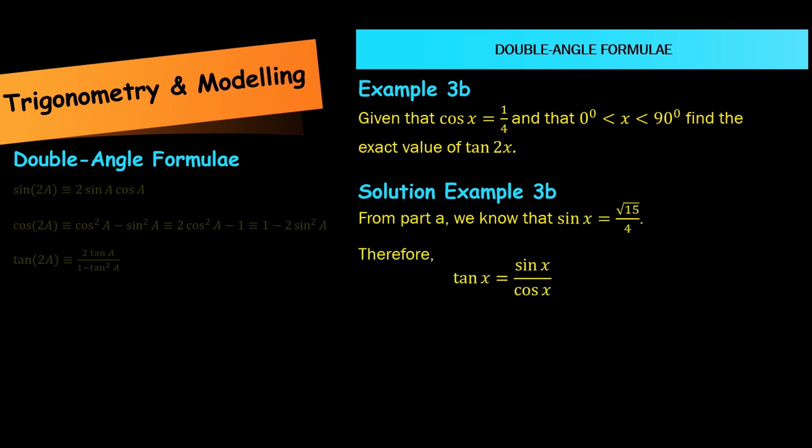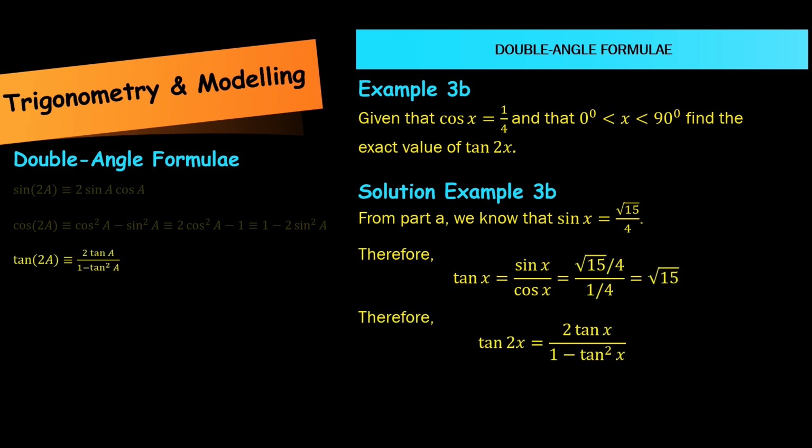And so since tan equals sin over cos, we can simply plug in the values of sin and cos. So we have root 15 over 4 over 1 over 4 to give us that tan x equals root 15.